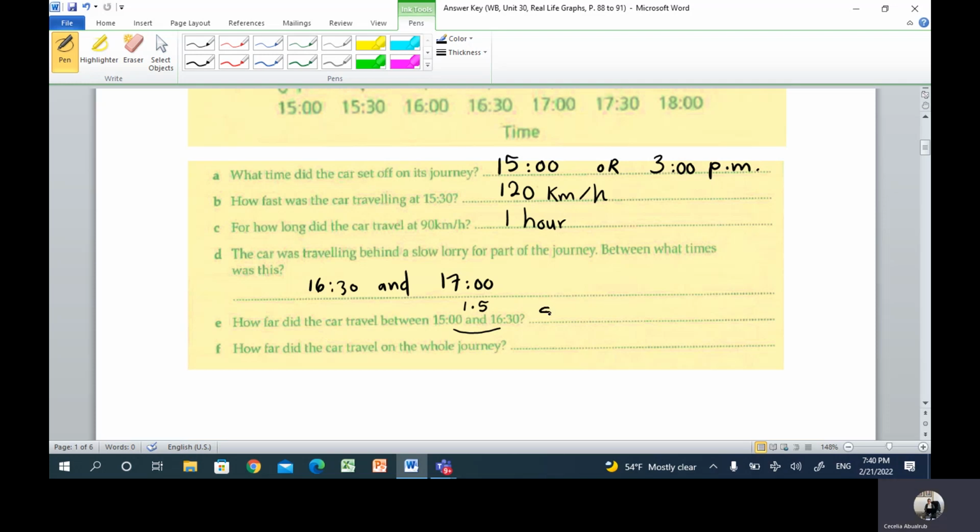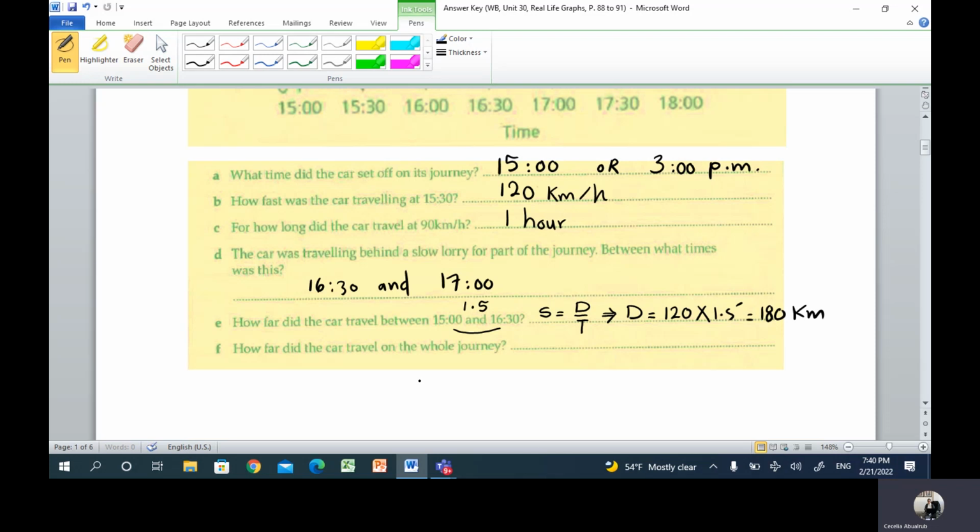So speed is equal to distance over time. How far means that we are finding the distance. So the distance equals speed times time. The speed is 120 times 1.5, and the answer will be 180 kilometers.